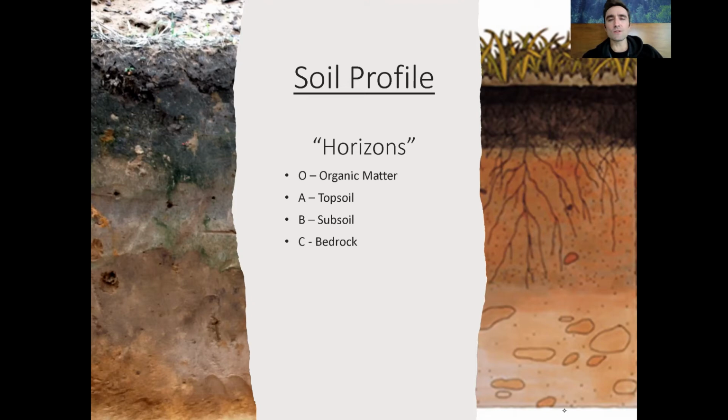But this horizontal layering also happens because particles of different size will tend to organize themselves vertically. The big pieces tend to go down, and the little pieces tend to come up.